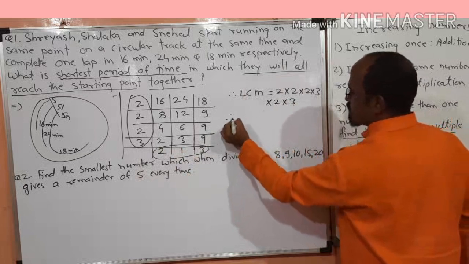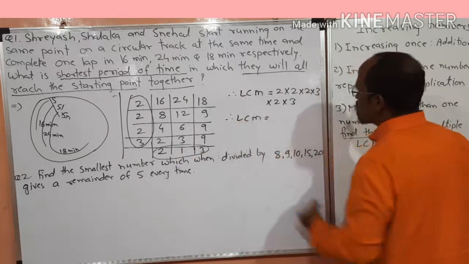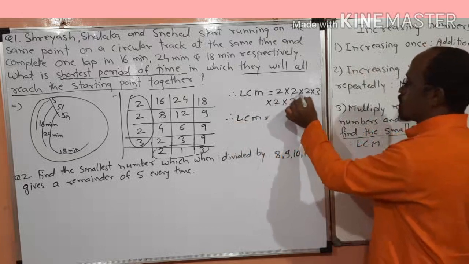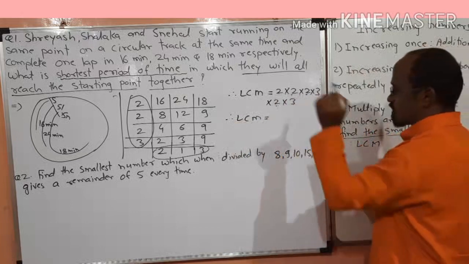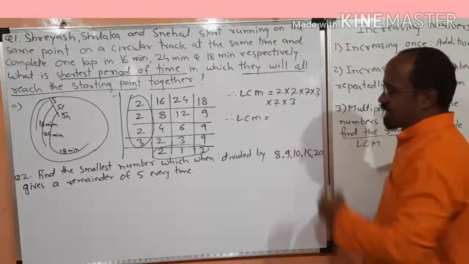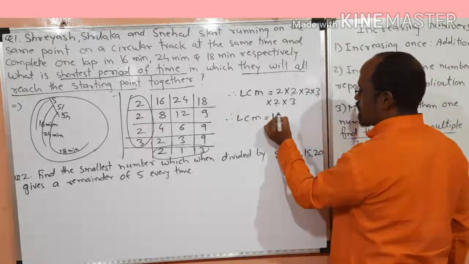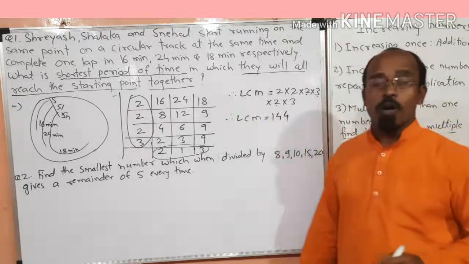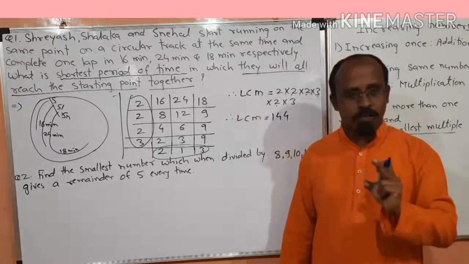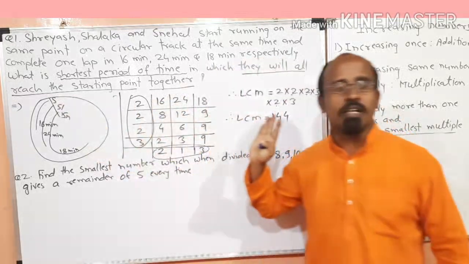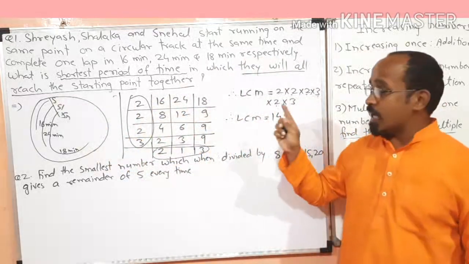So LCM is equal to 2 2s are 4, 4 2s are 8, 8 2s are 16, and 3 3s are 9. 16 9s are 144.